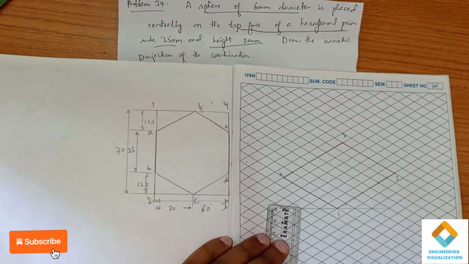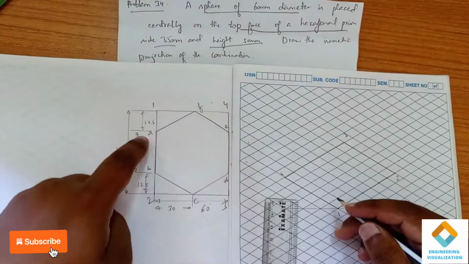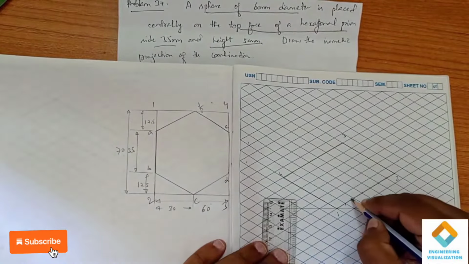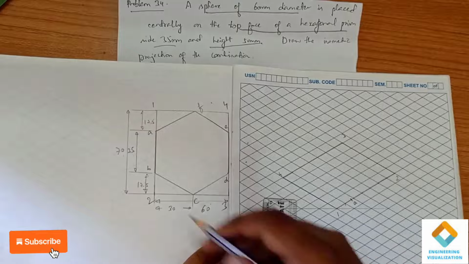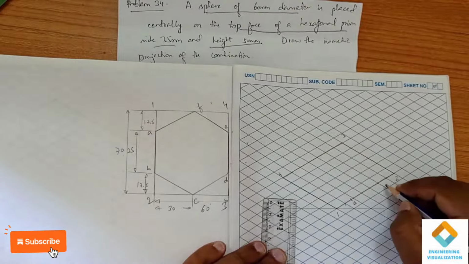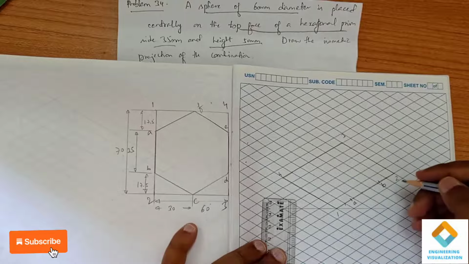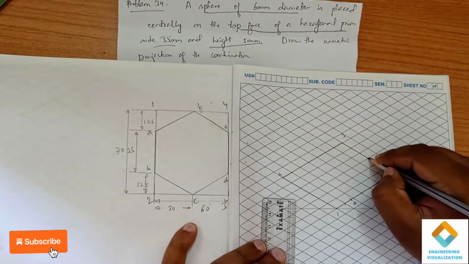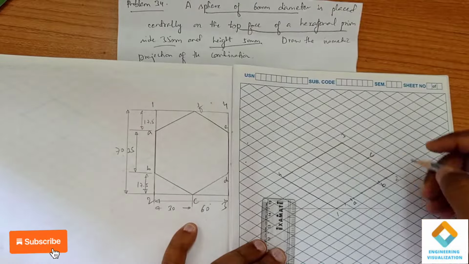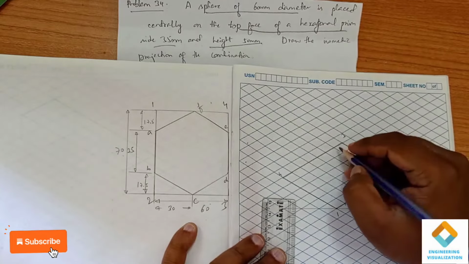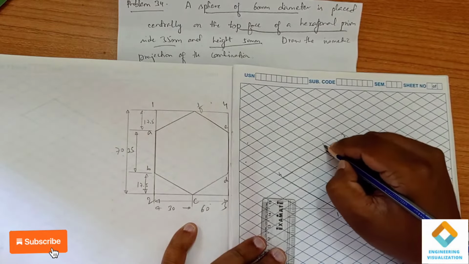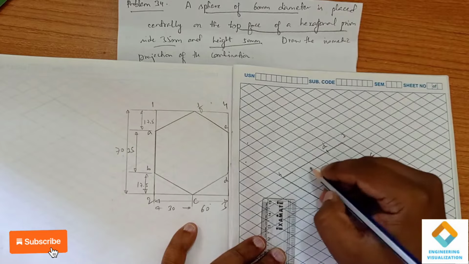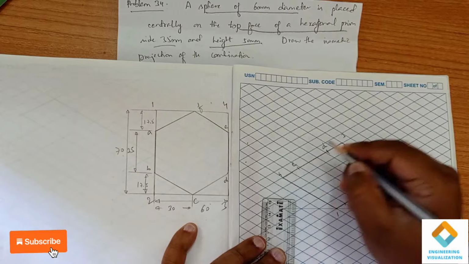Now 1 to A. So 1 to A, you can see that it is 17.5. So here it is A. Again from 2 to B, 2 to B also 17.5. Okay. Next 2 to C we have 30. Next 3 to D again 17.5. Again 4 to E also 17.5.